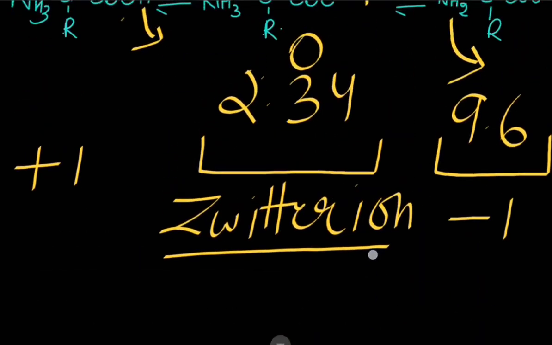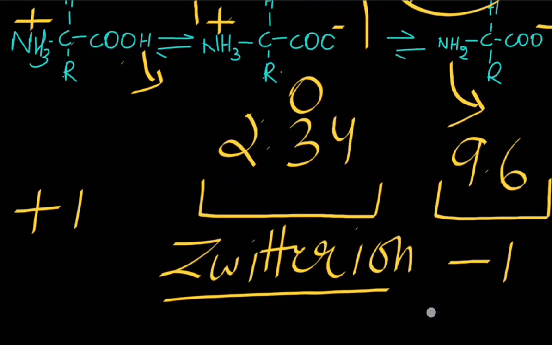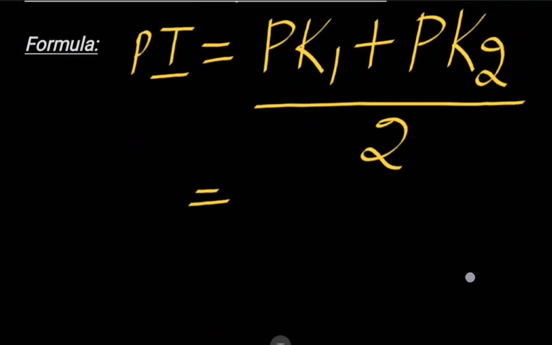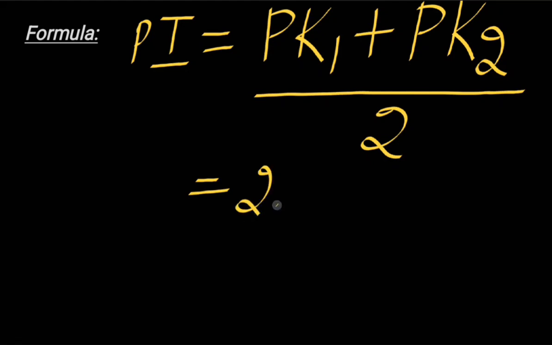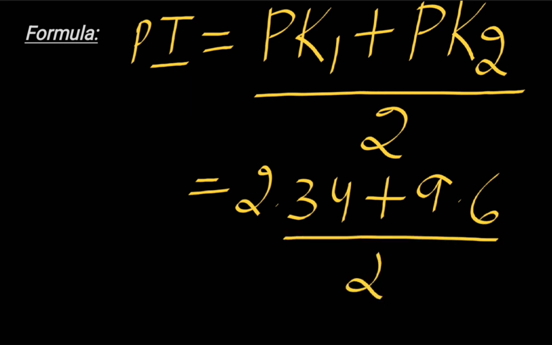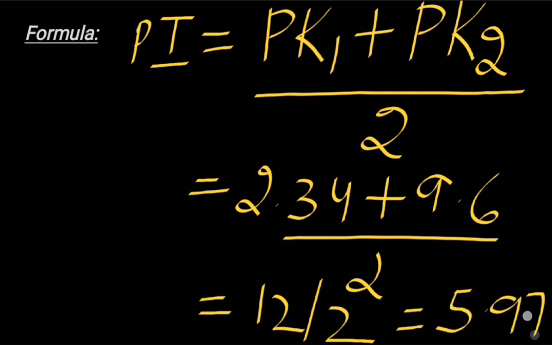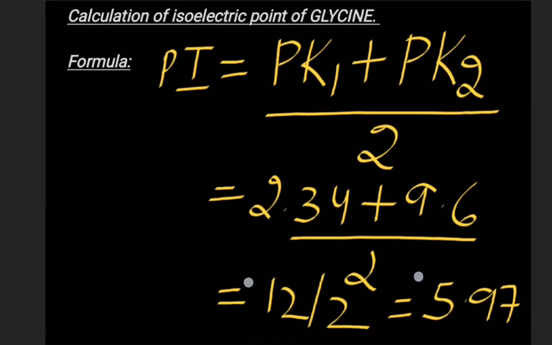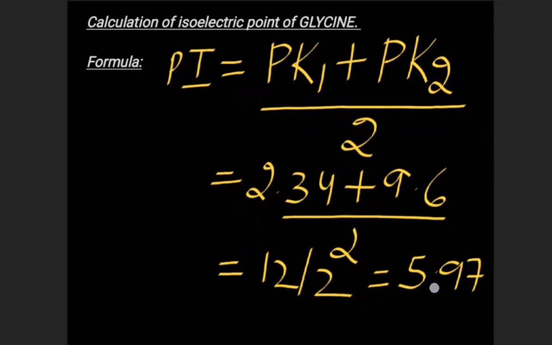So 2.34 plus 9.6, divided by 2. 12 something divided by 2 gives almost 5.97. So the isoelectric point of glycine is approximately 5.97, which is approximately 6.